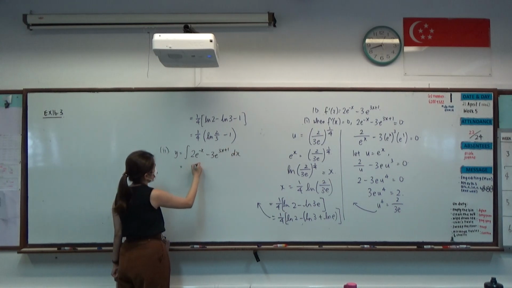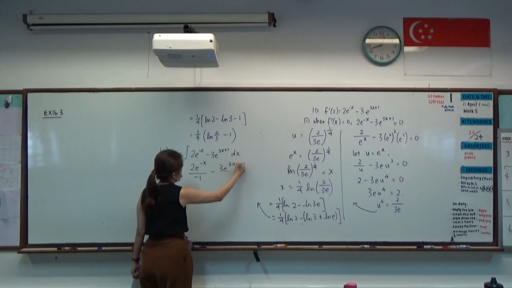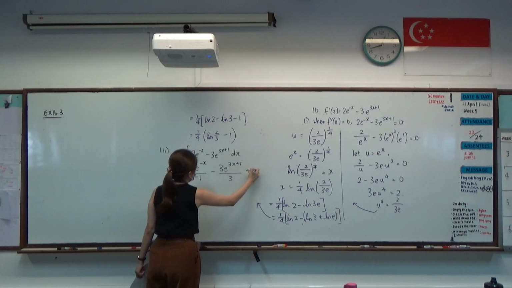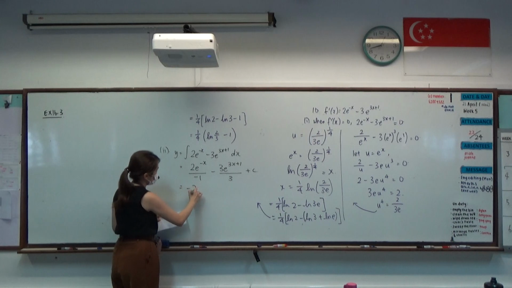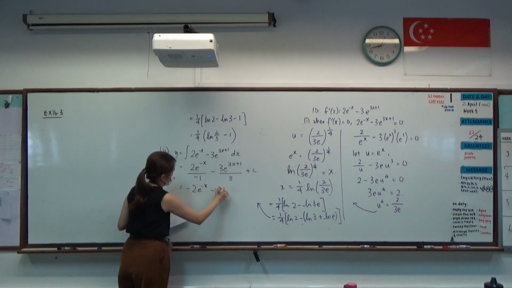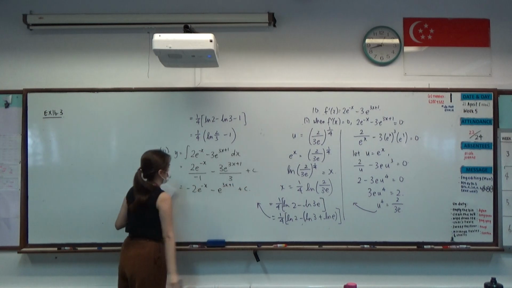That will give us 2e to the power negative x over negative 1 minus 3e to the power 3x plus 1 over 3 plus c. Simplify it. We have this.